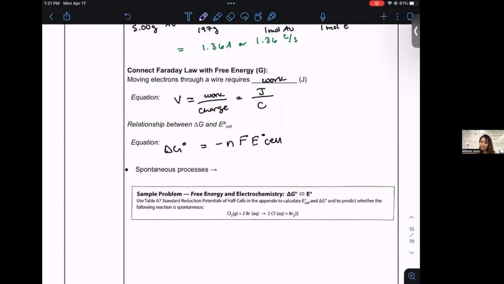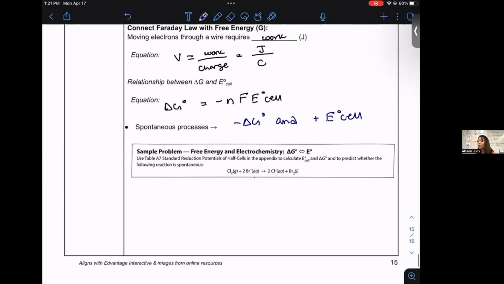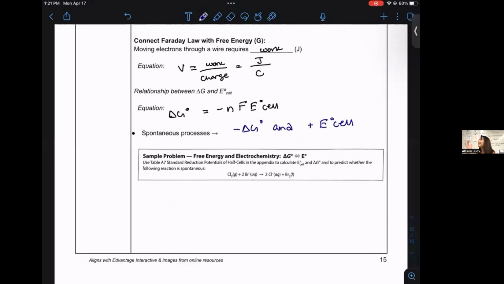So the spontaneous process will create a negative G naught and have a positive E naught cell. All this is offering you is another way to calculate G given different sets of information. Now you're given E cell and moles of electrons, and you don't have anything else.